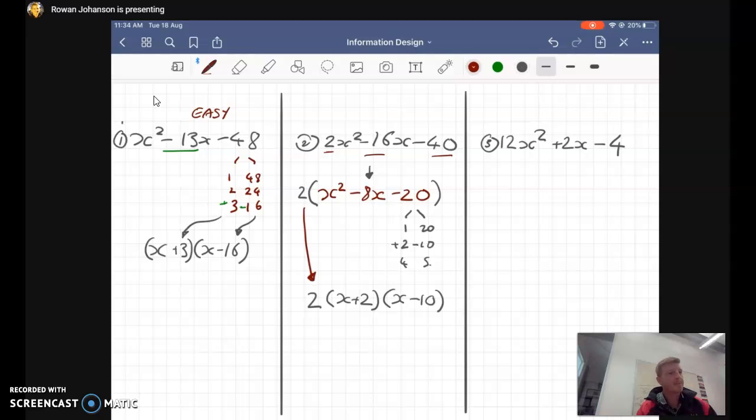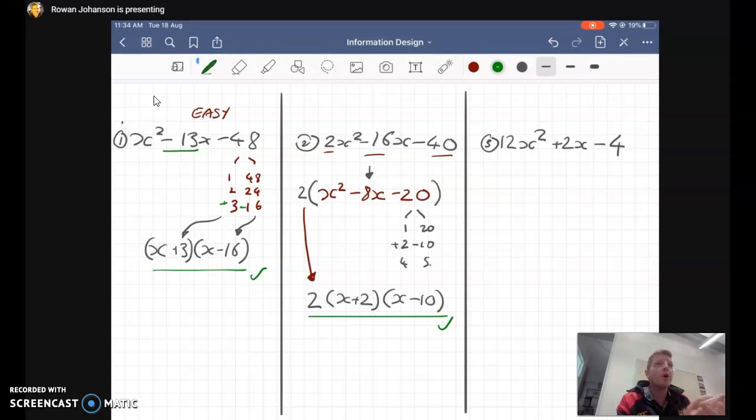That comes from there, and that's my final answer. We will get lots of those little easy ones in the exam, but they'll be in the context of other questions.